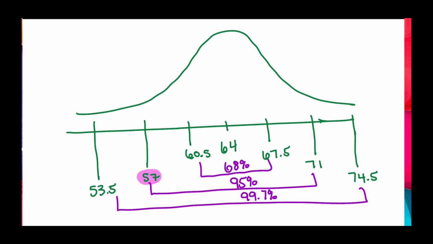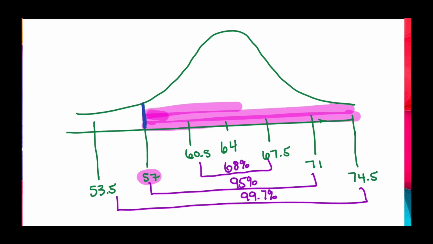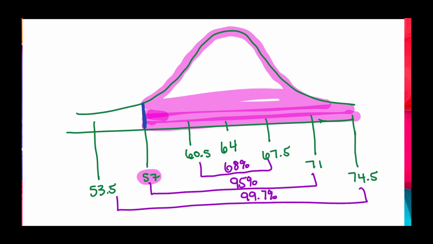So what I need to know is, from this line here, I need to know all of this, all the way to the other side, past the 71, everything. I need to know all of it.